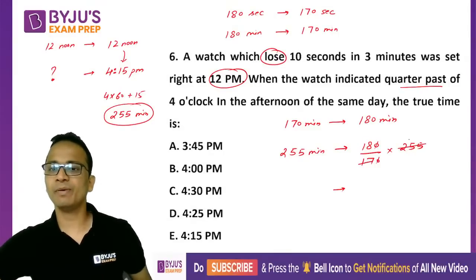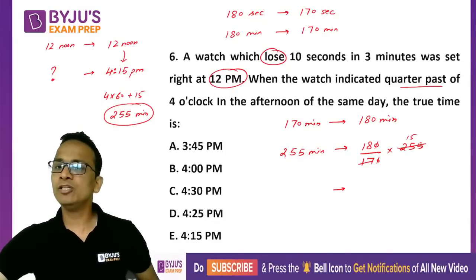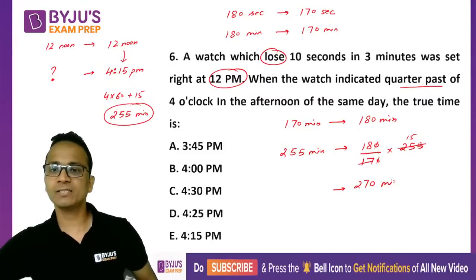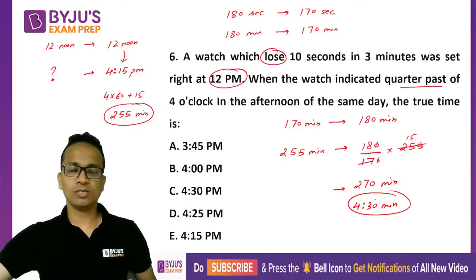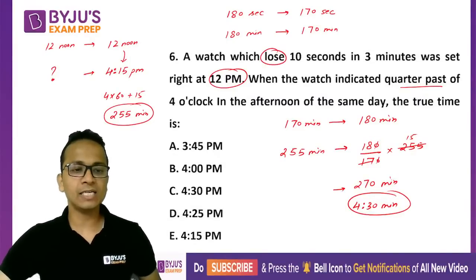Yes, so here 15 will come. So 18 into 15 is 270 minutes. 270 minutes means 4 hours and 30 minutes. So the correct time that has elapsed is 4 hours and 30 minutes.